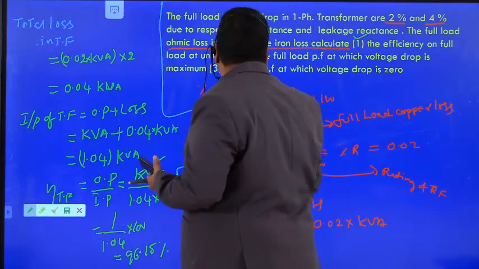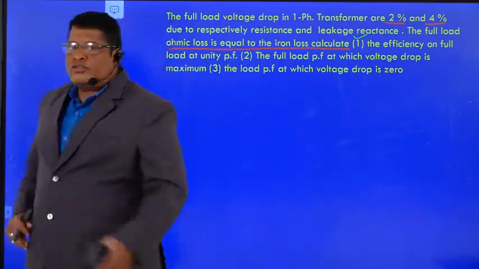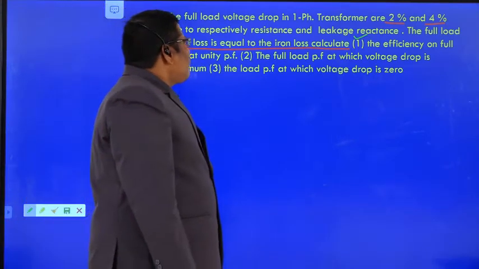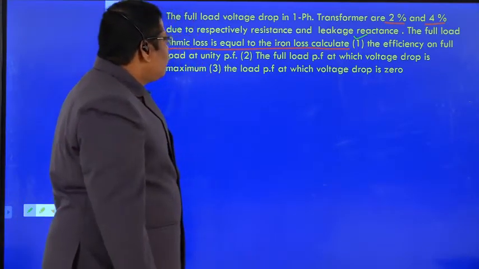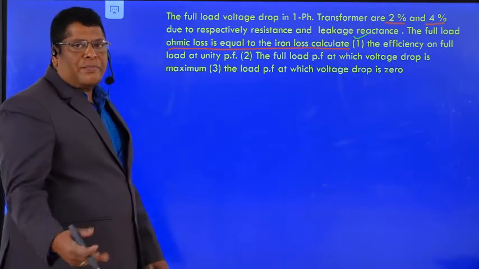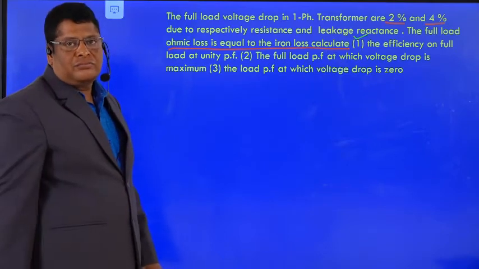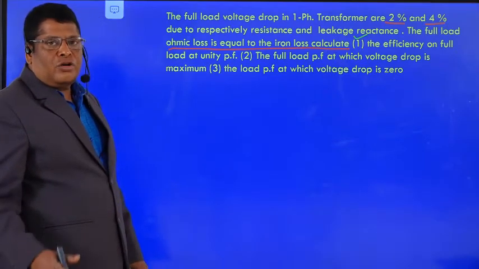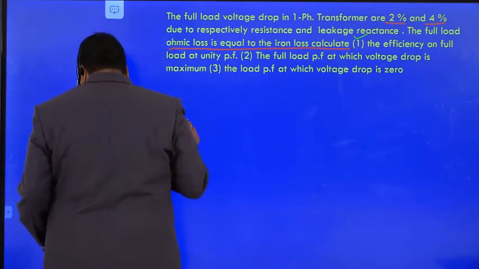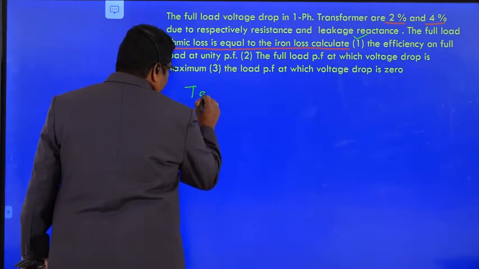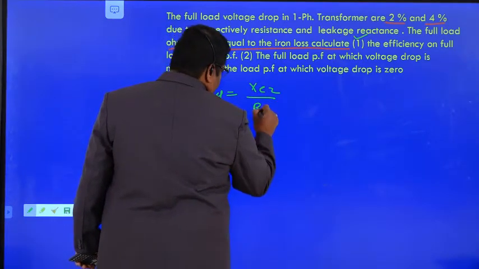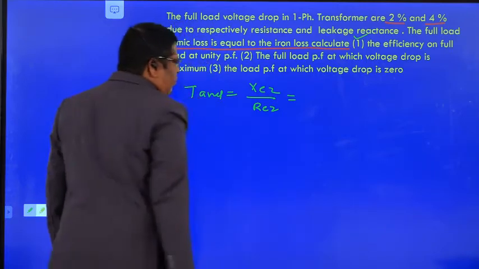Now we are going to solve the second one, that is the full load power factor at which the voltage drop, or voltage regulation, is maximum. Already we know that at maximum voltage regulation, tan phi equals Xe2 by Re2, with the lagging power factor.